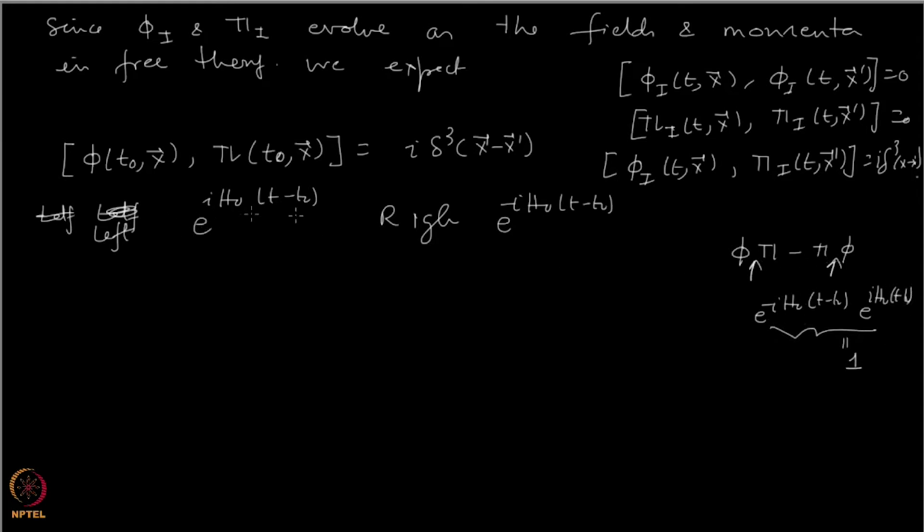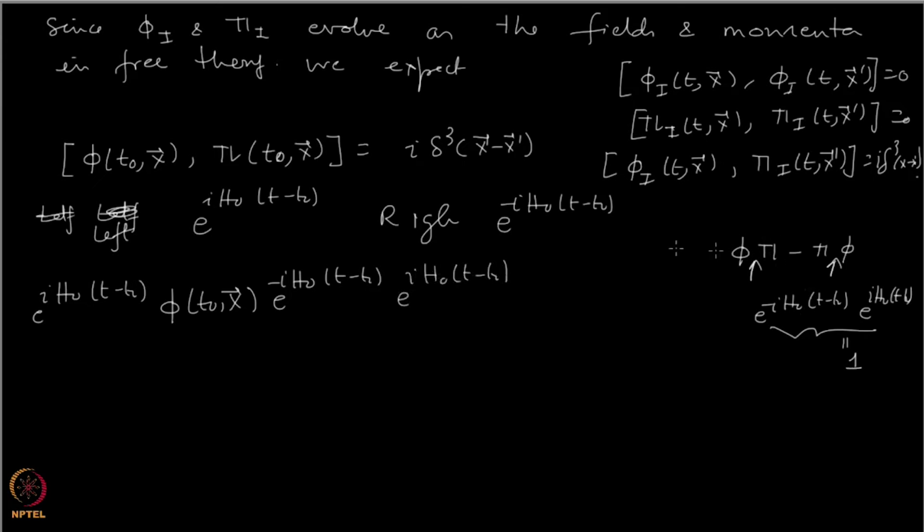So when I do all these things, I get e to the i H naught t minus t naught, then a phi at t naught, then I insert this e to the minus i H naught t minus t naught, H naught t minus t naught, then you have the factor of pi, and then on the right you have multiplied with this one, so you get this.